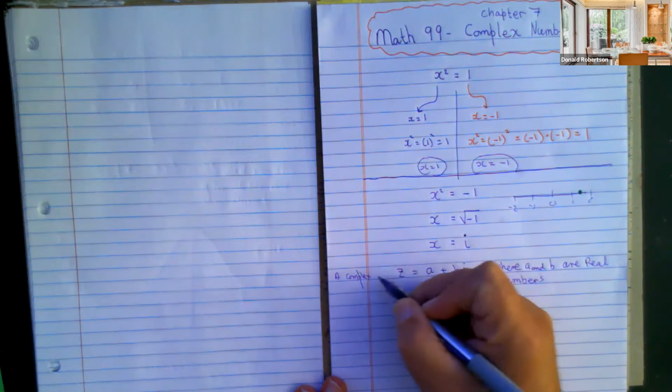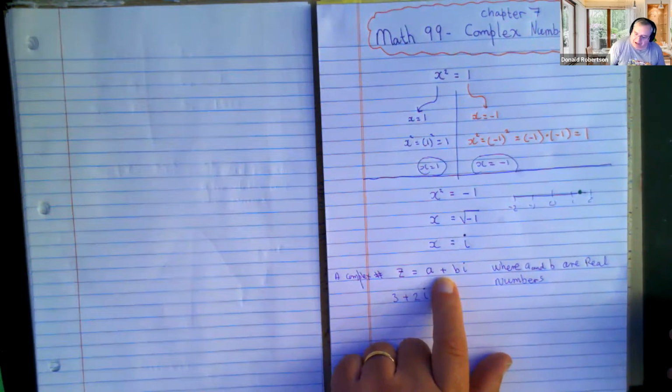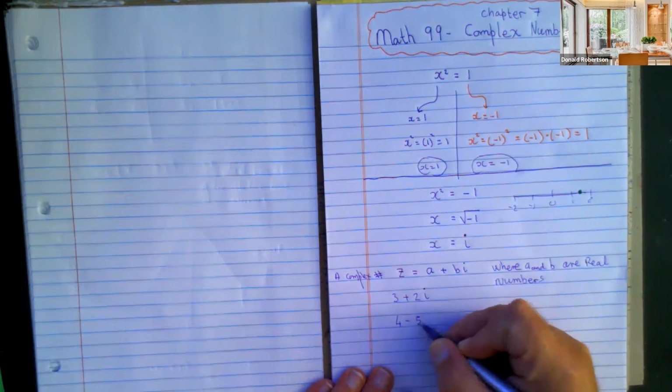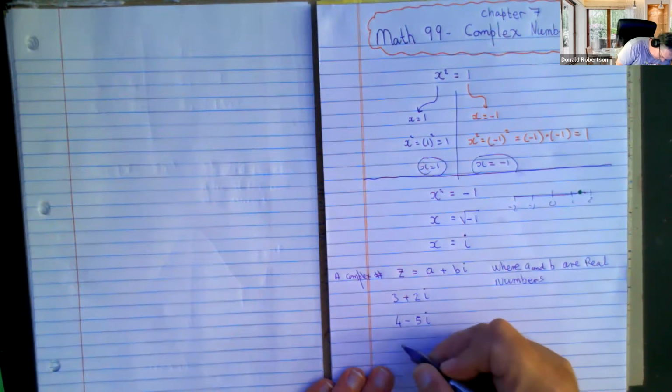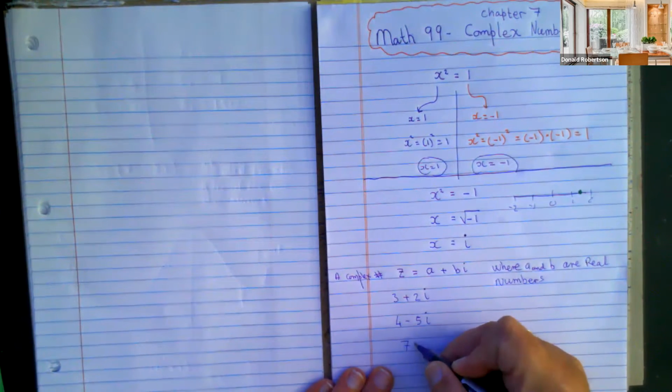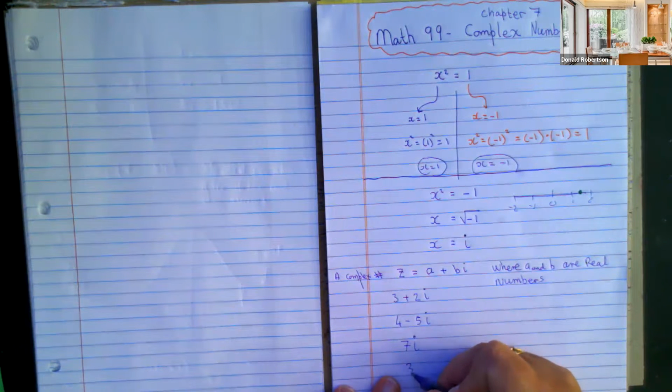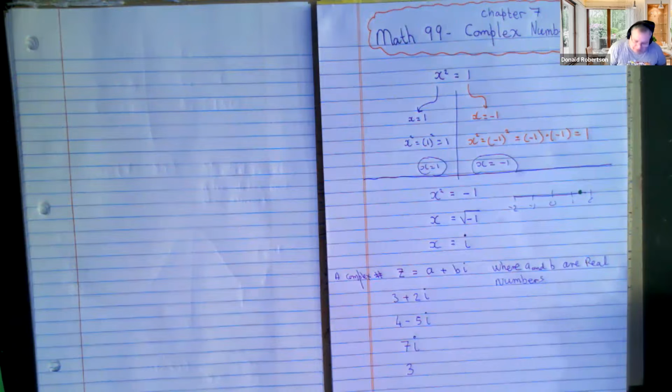And that's the name that we give to these new special numbers. We call them complex numbers. So 3 plus 2i is an example. 4 minus 5i is an example. 7i on its own is an example. And actually, 3 on its own is an example of a complex number.